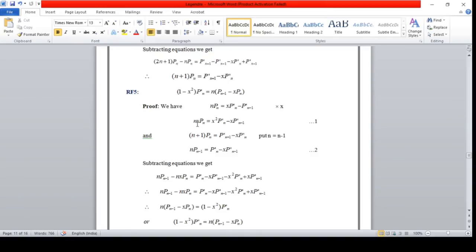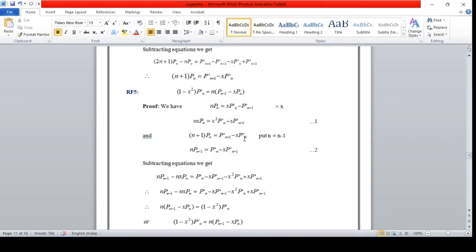So we get nx Pn, x into x, x square P dash n minus x P dash n minus 1, equation number 1. And next recurrence formula, n plus 1 Pn is equal to P dash n plus 1 minus x P dash n.